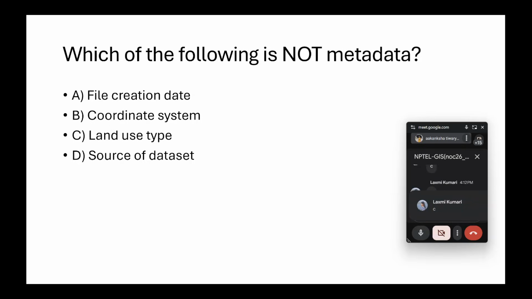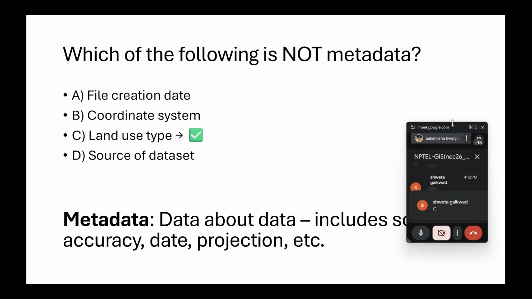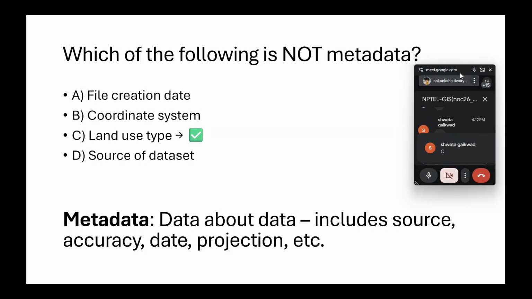Okay, so let's see. Some people are saying C, somebody said B. So metadata is basically information about the data. It is not going into specifics of the data, it is only the information about the data.